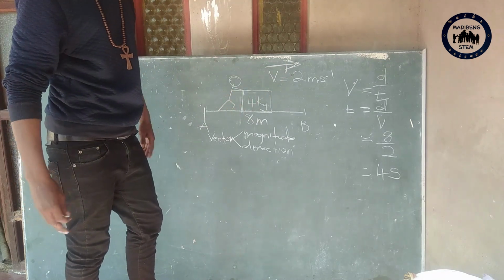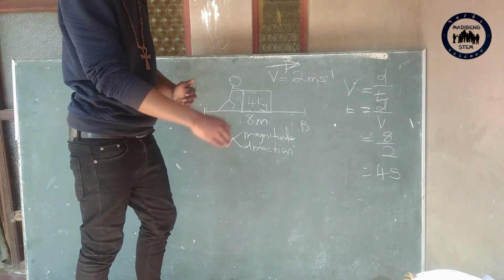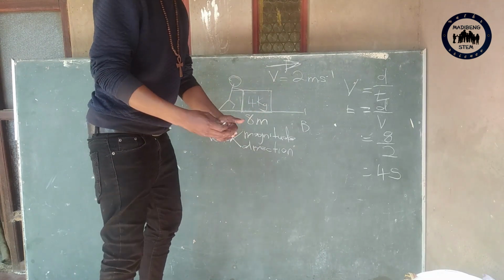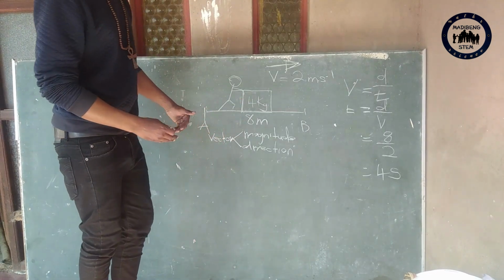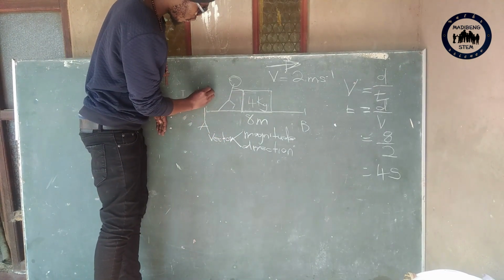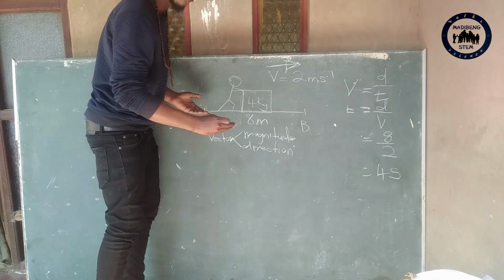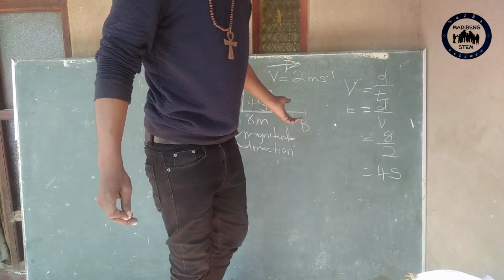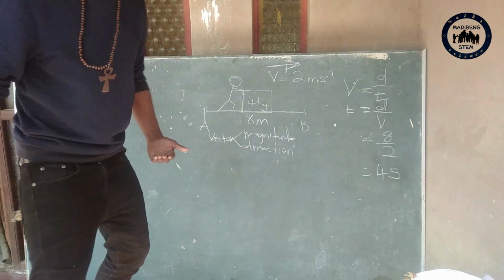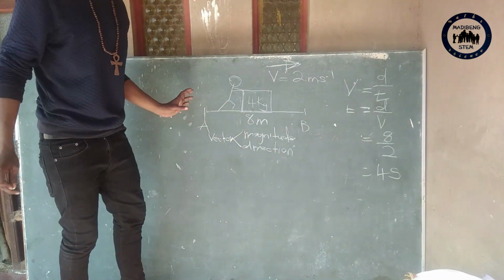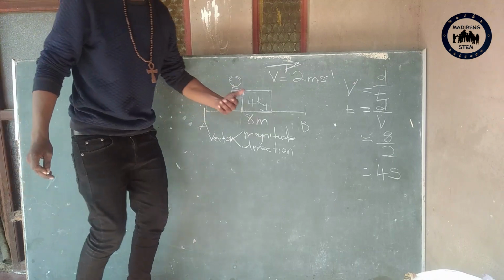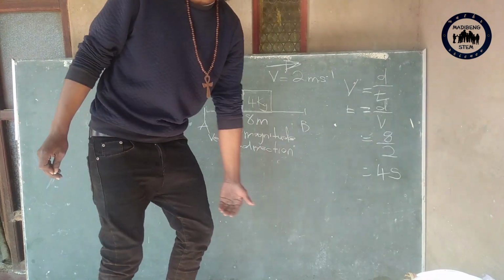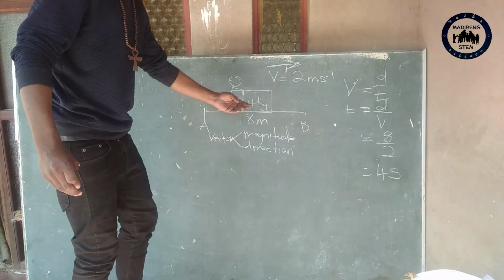So now they're asking what is the acceleration, because he changed the speed. What is acceleration? The acceleration is the rate of change of velocity. From here, he moved the object with a velocity of 2 meters per second, and then he reached point B with 10 meters per second. It means he increased his speed, so there is a change of velocity. Now there is acceleration on this box.